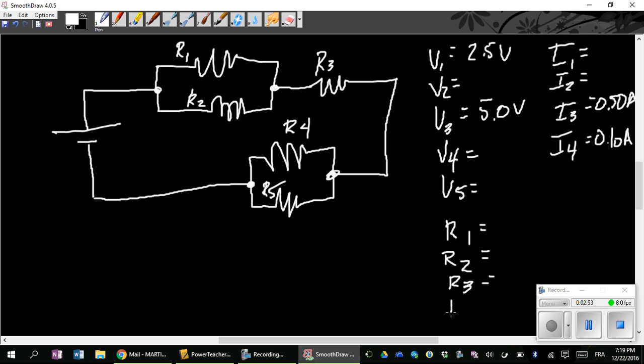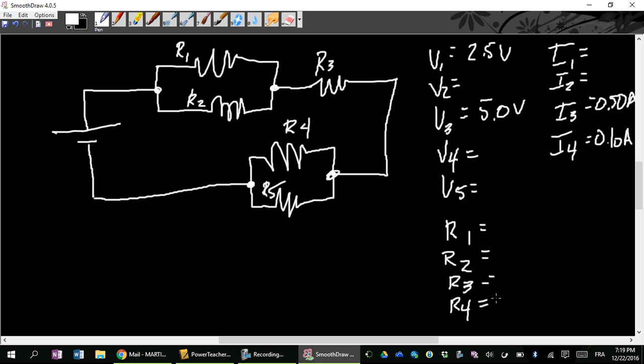R4. This one is 70. That's a great problem. Oh, that'd be a good one on your test, guys. So we're supposed to find all the rest. Okay, beautiful. Let's have fun.